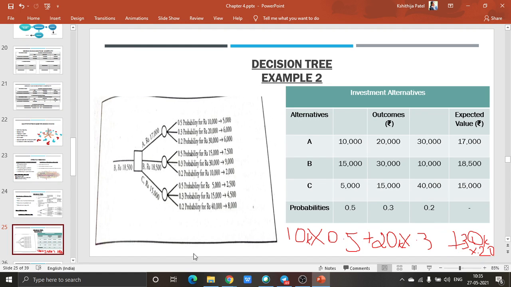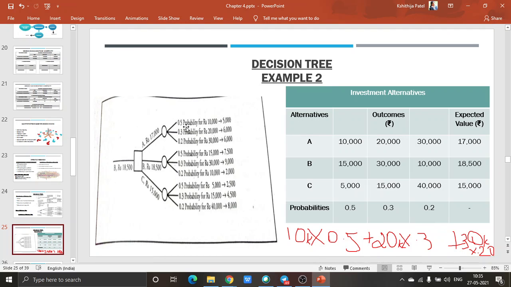Now in this diagram you can see that there are three alternatives of 17,000, 18,500 and 15,000. How did they reach this?